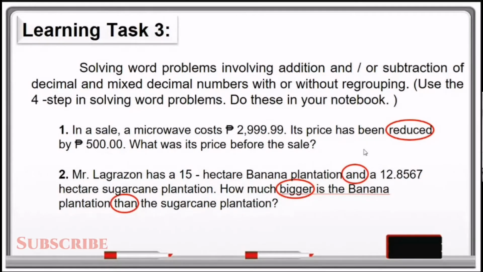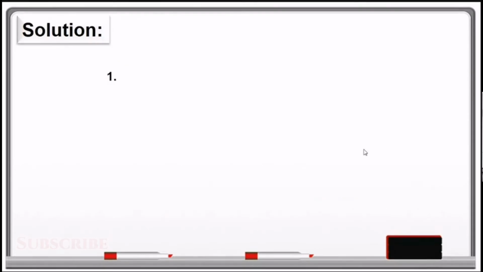Now, bakit tayo gumamit ng addition instead of ano? Bakit tayo gumamit ng addition? Kasi doon sa problem, if we analyze the problem, ang sabi doon, nung nag-sale daw, ang presyo ay naging 2,999 na.